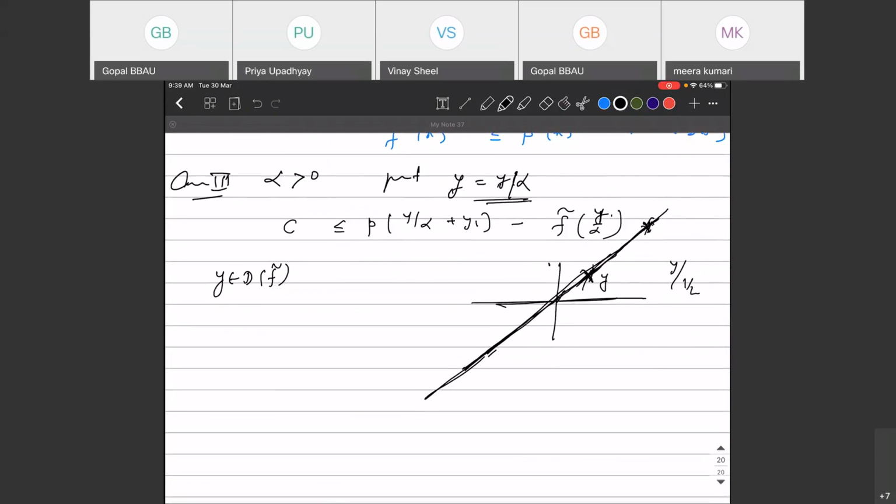If y belongs to the domain of f tilde, if I multiply by any beta, it will again be in the domain of f tilde. Correct, sir.